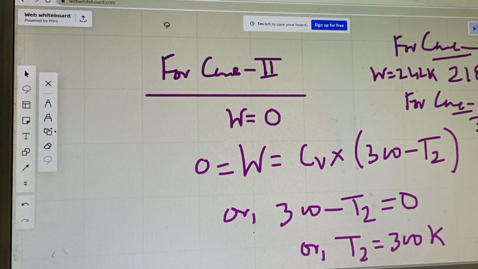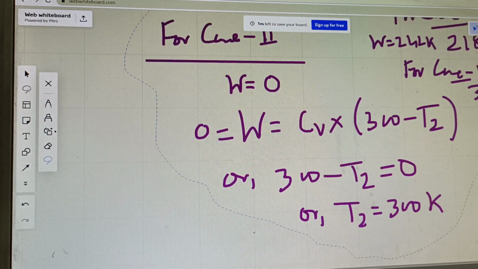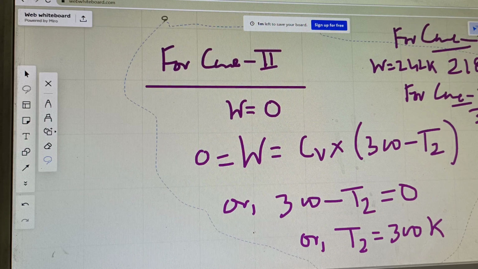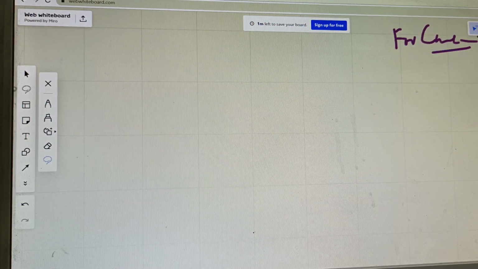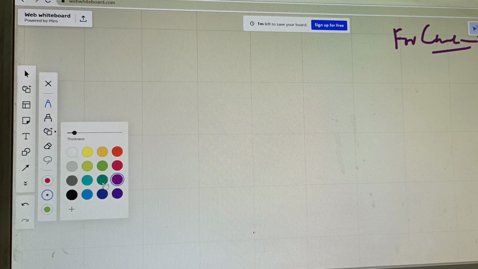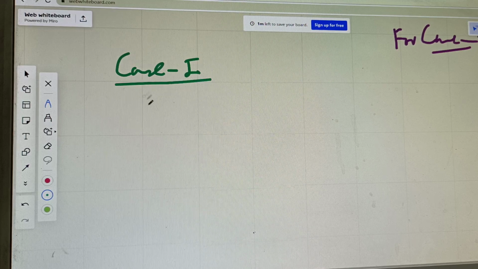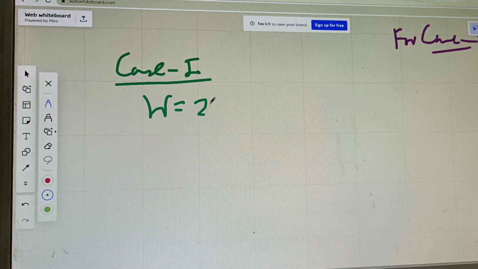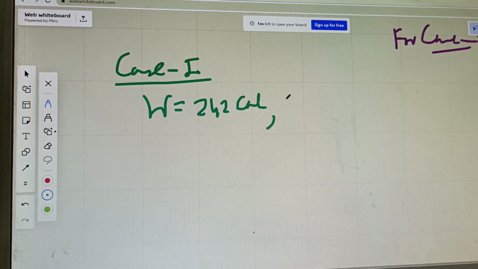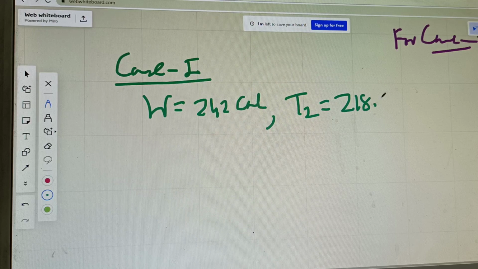So we finally write: case 1 answer, W equal to 242 calorie and T2 is 218.8 Kelvin.